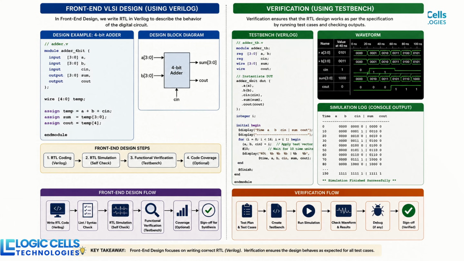This is called design instantiation, or instantiating our design under test. DUT means design under test. What design are we keeping under test? This design only, right? That's why adder_4bit is the name of the design. You can see it here.